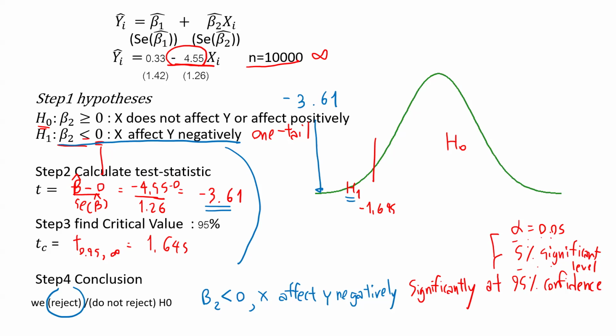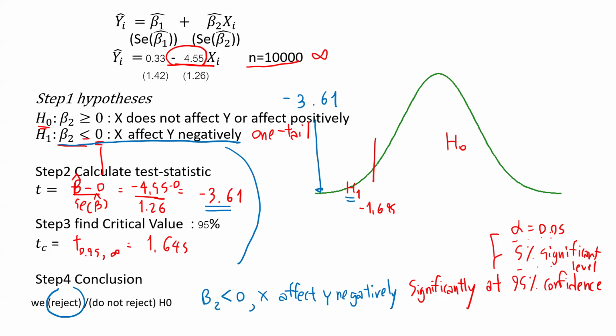But this is an example of how to write the result. For example, when you write your report, you may find it very boring if you write down only the same word, 95%, 95, 95.